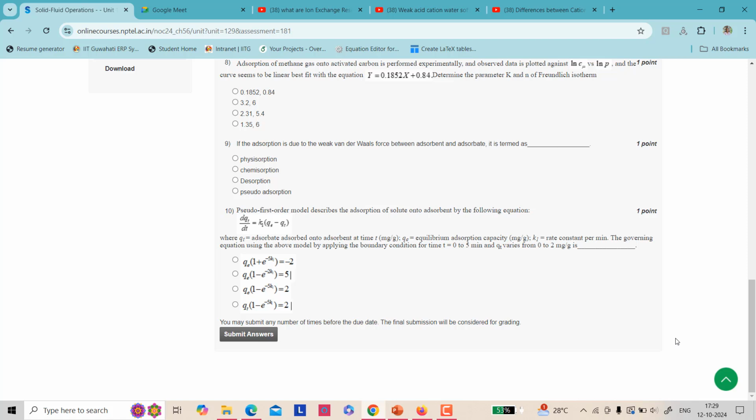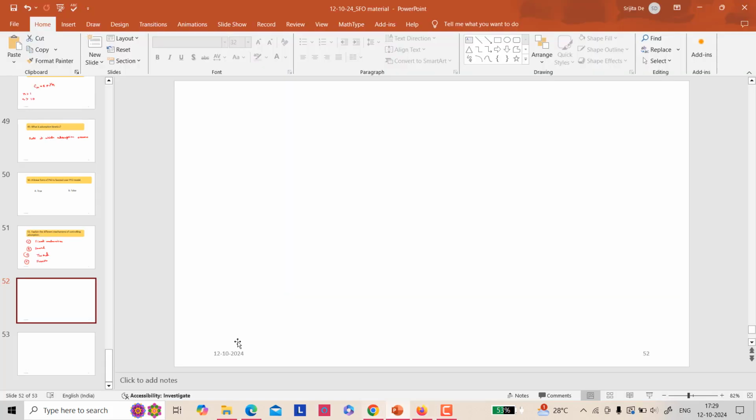The governing equation using the above model, applying the boundary condition for time t equals 0 to 5 minutes and qt varies from 0 to 2 mg per g. So I will do this problem. Assignment number 10.